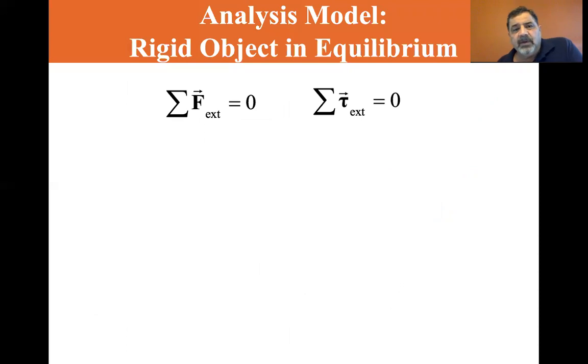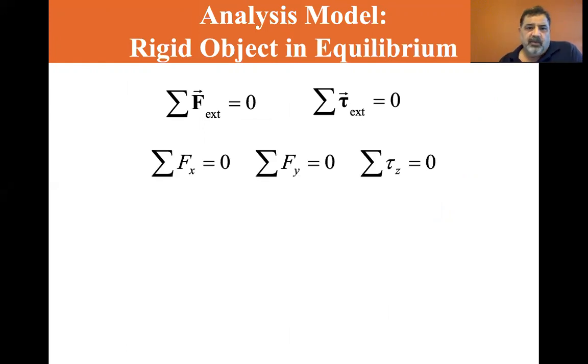And okay, so the sum of the forces. Let me slide my notes here because I'm going to give some examples. So the sum of the external forces must be zero, and the sum of the external torques must be zero for a rigid object to be in equilibrium.